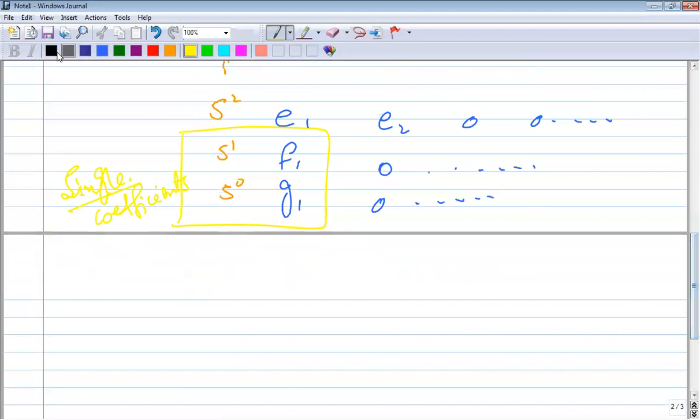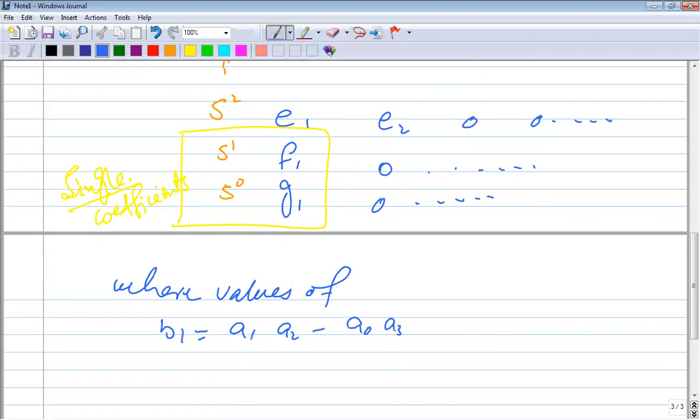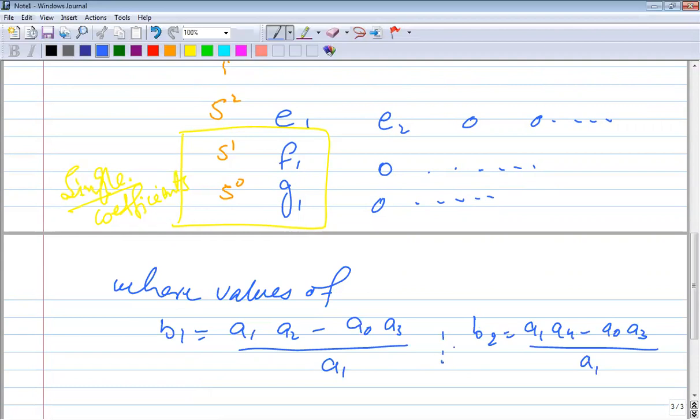Where the value of b1 is equal to a1 a2 minus a0 a3 divided by a1, and b2 is equal to a1 a4 minus a0 a5 divided by a1, and so on and so forth.